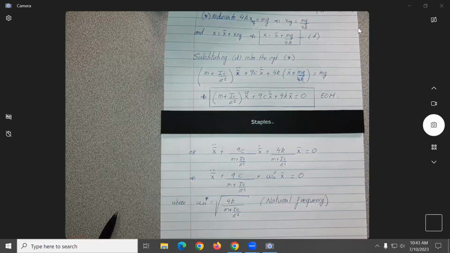Okay? So sometimes, instead of asking you to find the equation of motion, they ask you to find the natural frequency, you know? Basically, you need to go through the whole same process. All right, so we have this.